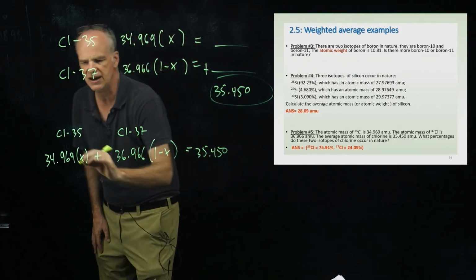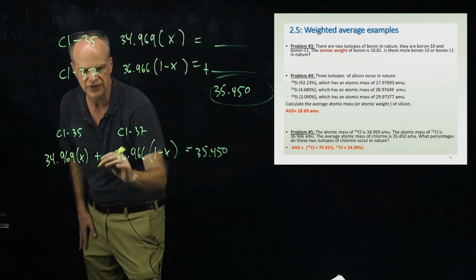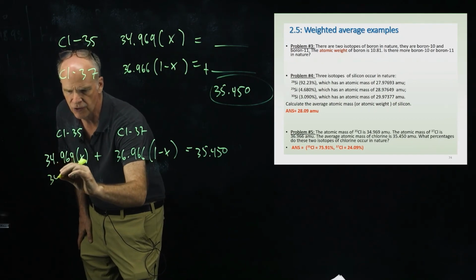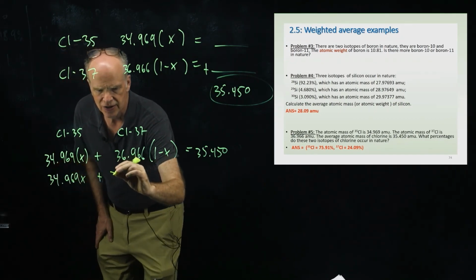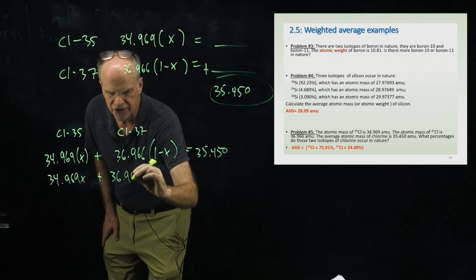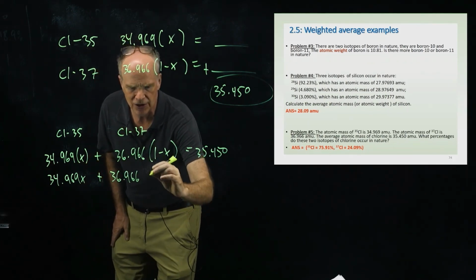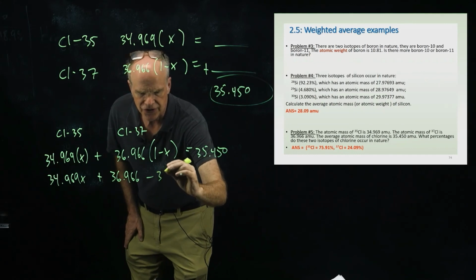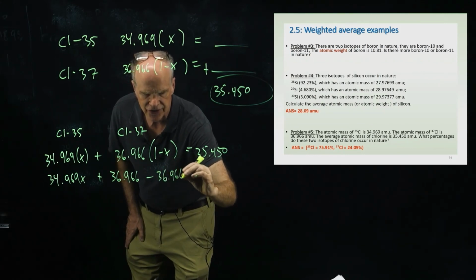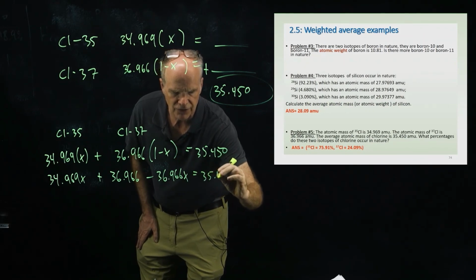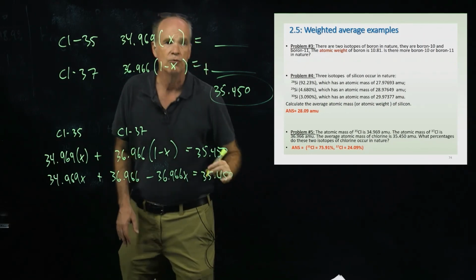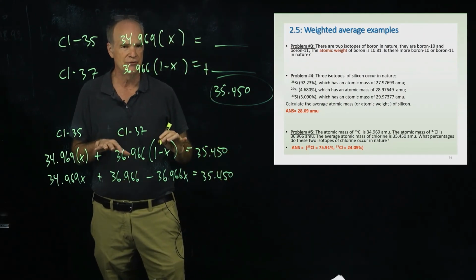So what I'm going to do now is just write out this information without the parentheses. So I should have 34.969X plus 36.966 times 1 is that number, minus 36.966X is equal to 35.450. Now what you would have to do is solve for X.